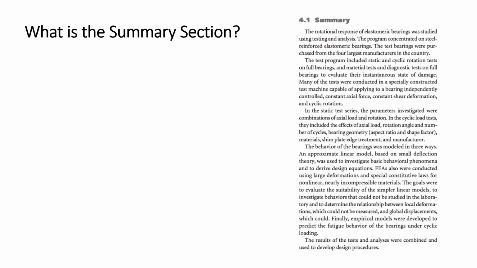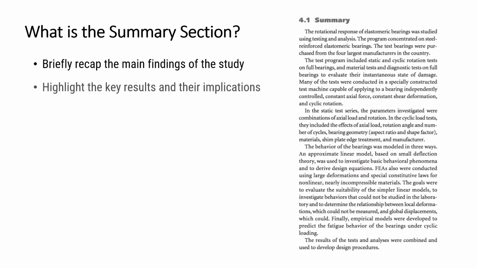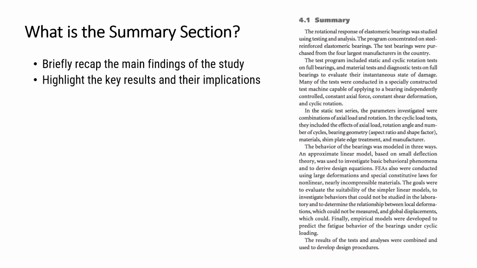So what is the summary section? In the summary section, the researcher will briefly recap the main findings of the study, highlighting the key results and their implications. As you can see here in this current slide, we have a summary. So this is an example summary of a research study.